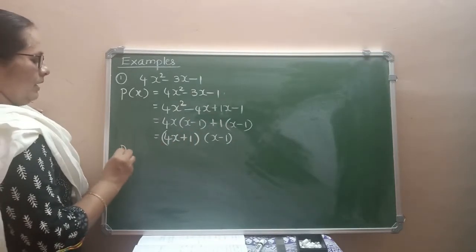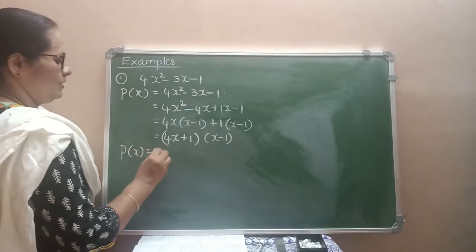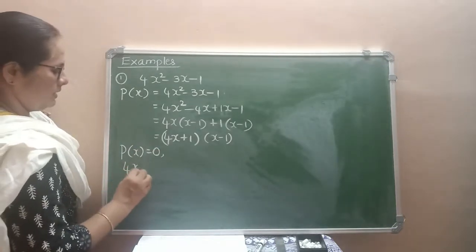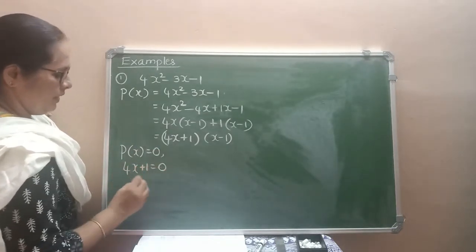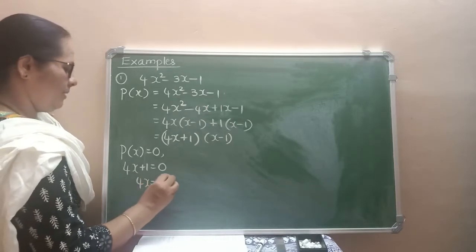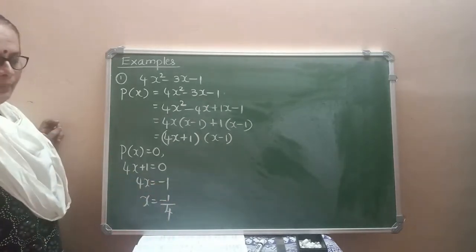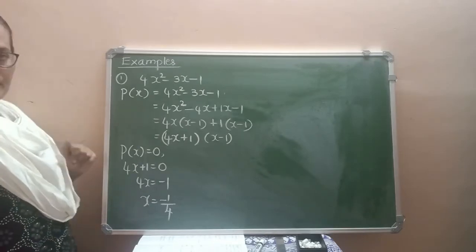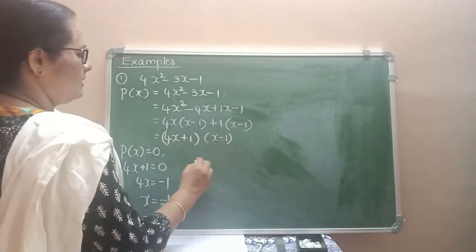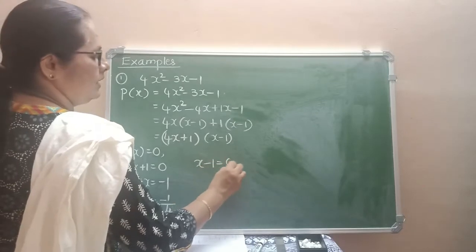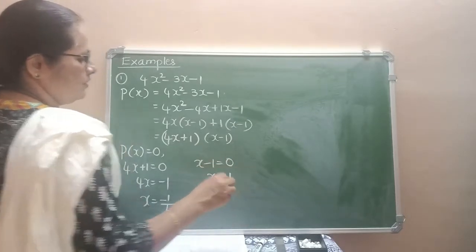Now using these factors we have to find the zeros of the polynomial. So when p of x equals 0, then 4x plus 1 equals 0. So 4x equals minus 1, x equals minus 1 by 4. So this is one of the zeros, and for the other zero, x minus 1 equals 0, x equals plus 1.